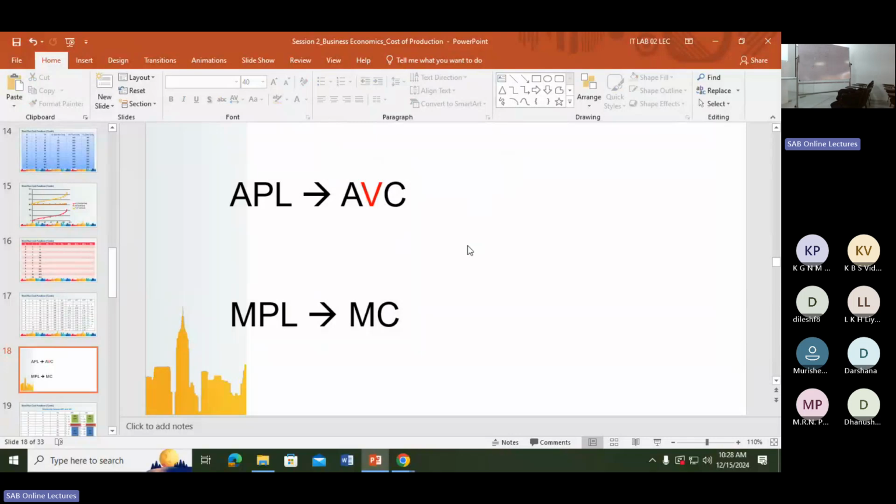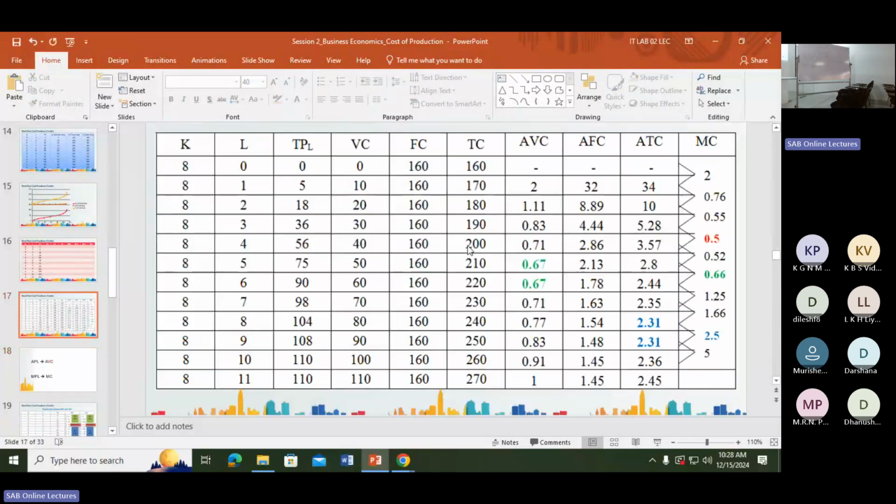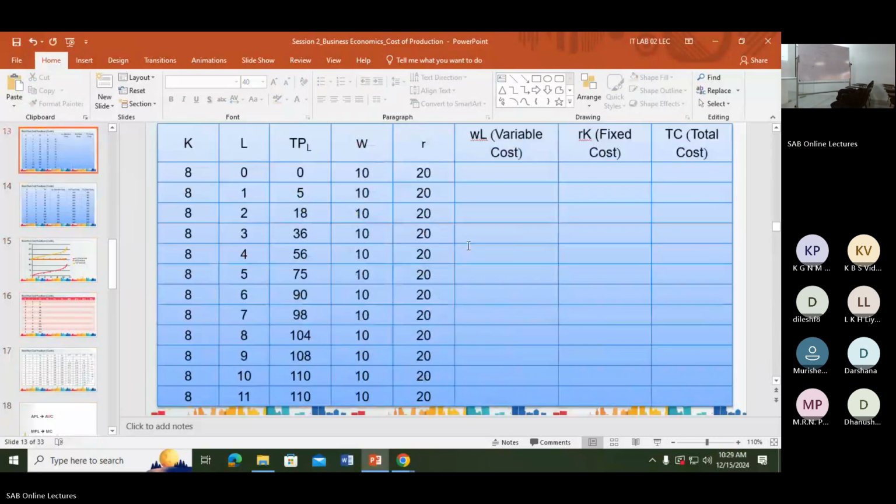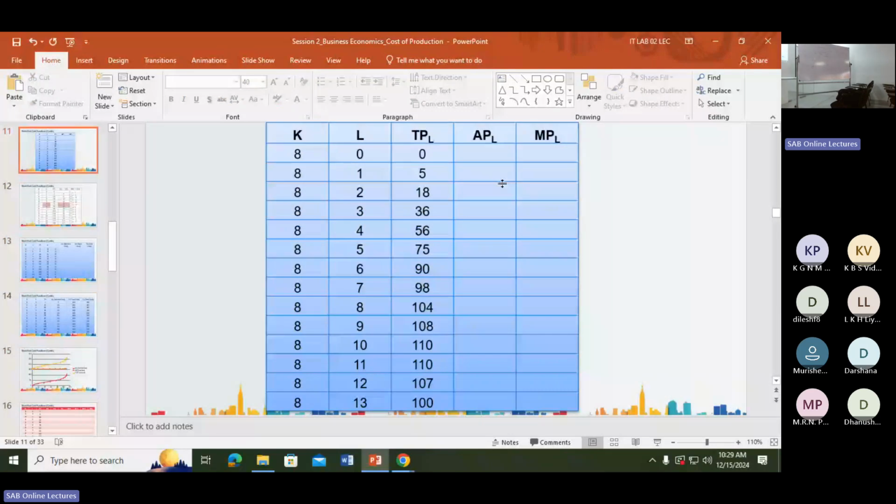So let's see the relationships. We already have calculated the average product and marginal product values.